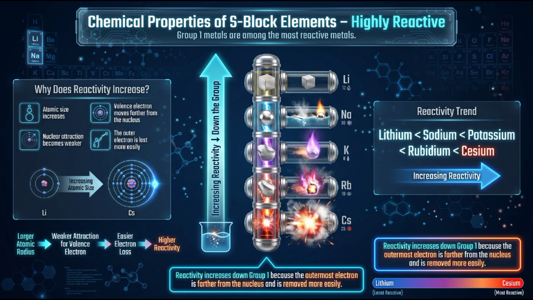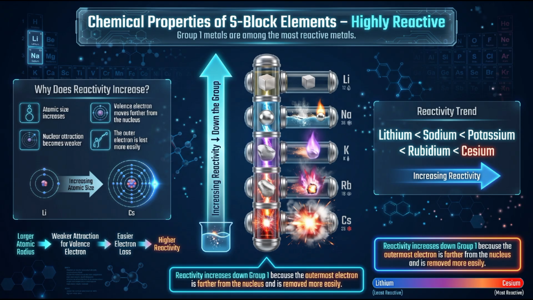One of the most important chemical properties of S-block elements, especially the group 1 alkali metals, is their extremely high reactivity. Reactivity refers to the tendency of an element to participate in chemical reactions by gaining, losing, or sharing electrons. Since metals generally react by losing electrons, the reactivity of a metal depends on how easily it can lose its outermost electron.